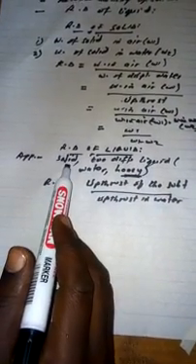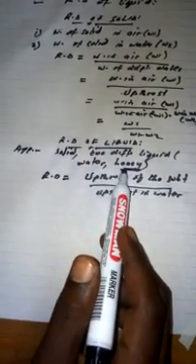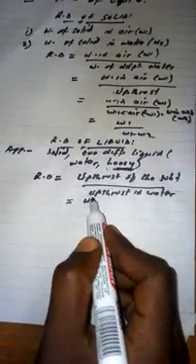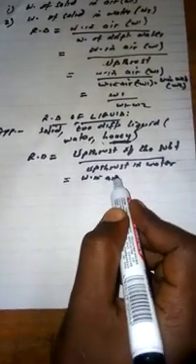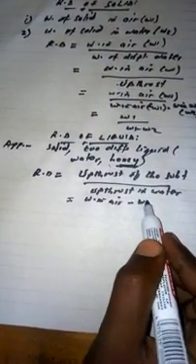We get the upthrust, because upthrust is equal to the weight of the substance in air minus the weight when it is in the liquid. In this case, our liquid is kerosene. So we take the weight in air, we subtract the weight in kerosene, and we get the upthrust in kerosene.